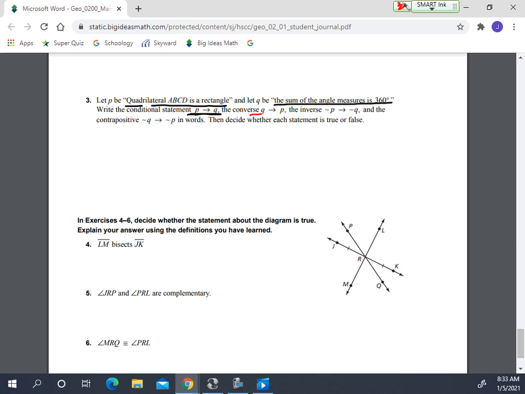The converse is Q then P. So here's our converse. All we do is take our conditional and swap the hypothesis and conclusion.